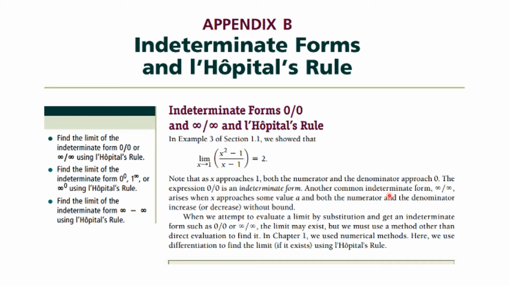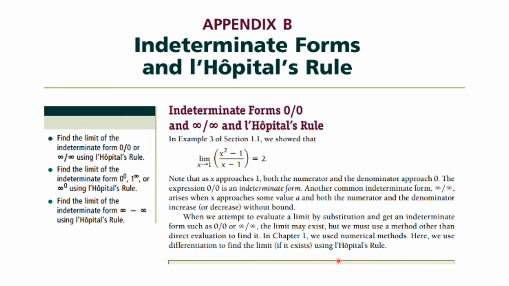Another common indeterminate form is infinity over infinity, and L'Hopital's rule can be applied to either one of those, as the title illustrates. This happens when x approaches some value a and both the numerator and denominator increase or decrease without bound, so you get infinity over infinity.